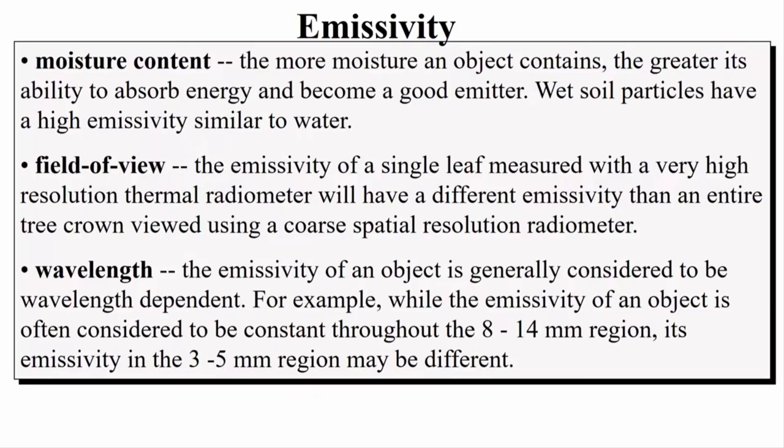For example, while the emissivity of an object is often considered to be constant throughout the 8 to 14 micrometer region, its emissivity in the 3 to 5 micrometer region may be different, because we cannot expect the object to have the same emissivity in the entire range of the thermal spectrum.